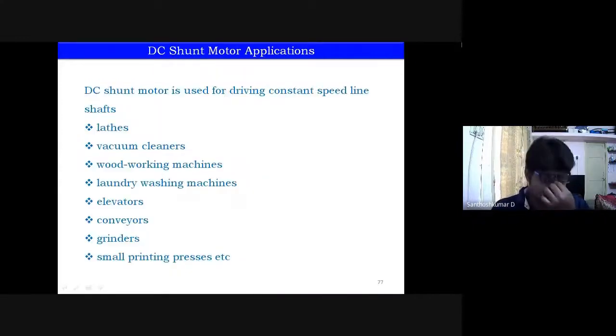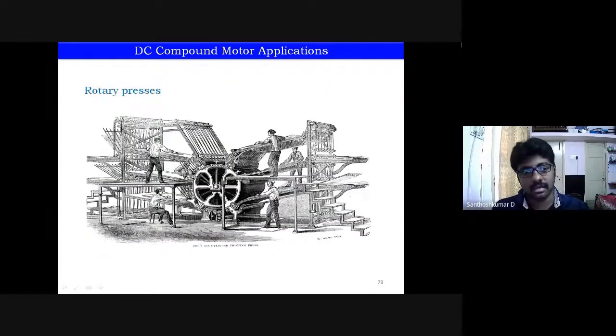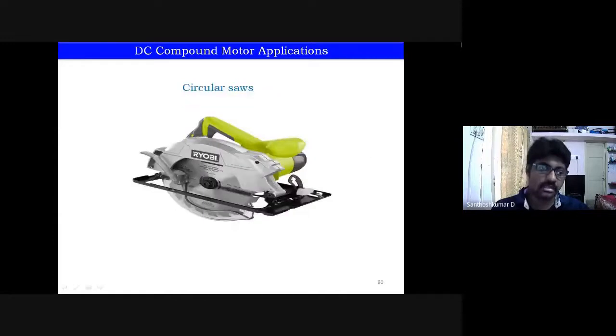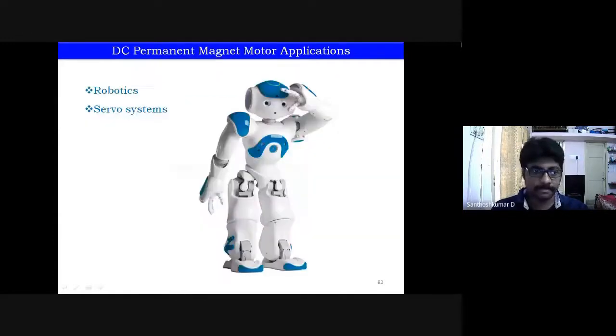Next, DC shunt: lathes, vacuum cleaners, woodworking machines, laundry washing machines, elevators, conveyors, grinders, small printing presses, etc. Another, compound DC motors: compressors, centrifugal pumps, rotary presses, circular shafts, shearing machines, elevators, continuous conveyors. So these are all rotary presses in the previous ages, and circular shafts, shearing machines for metal cutting.